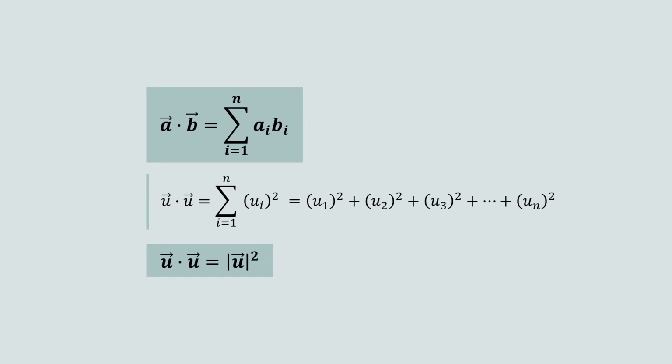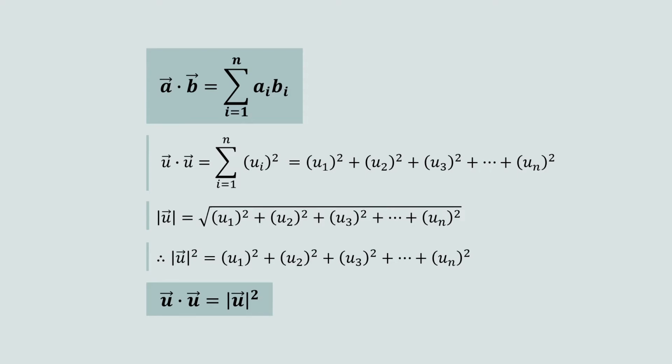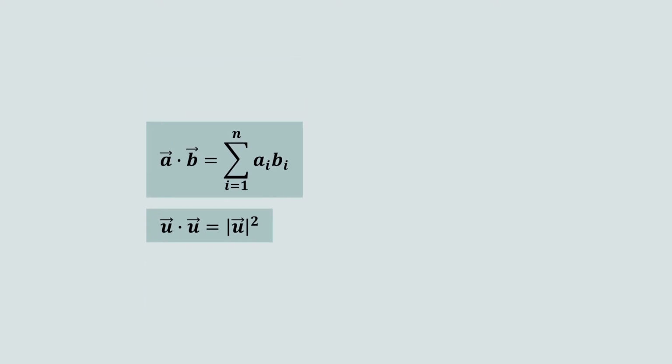Now let's look at what the magnitude of the vector u equals. The magnitude is given by the square root of u1 squared plus u2 squared plus u3 squared, and all the way up to un squared. Therefore, if we square the magnitude, then we get rid of the square root sign. And now we have shown that u dot u does equal the magnitude of the vector u squared, as required.